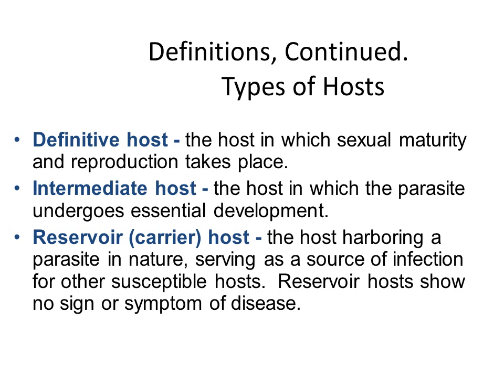Reservoir host or carrier host: the host harboring a parasite in nature, serving as a source of infection for other susceptible hosts. Reservoir hosts show no sign or symptoms of disease.